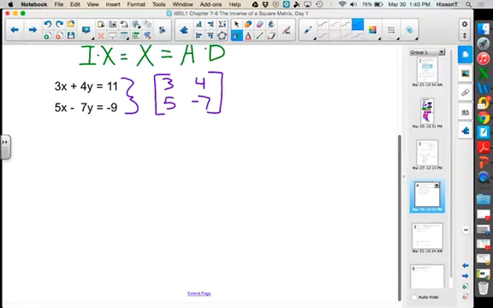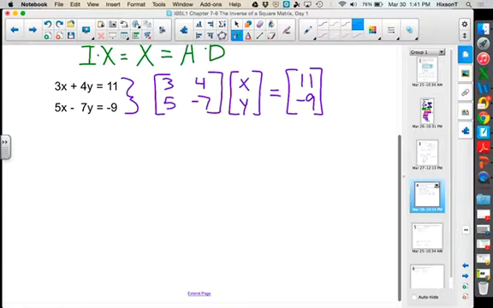Then we're going to have our variable matrix. It's going to be a 2 by 1 matrix because it just has x and y in it, and we want to figure out what x and y are. That equals a 2 by 1 matrix, 11, negative 9.